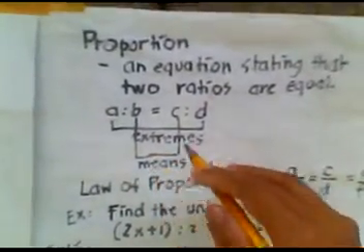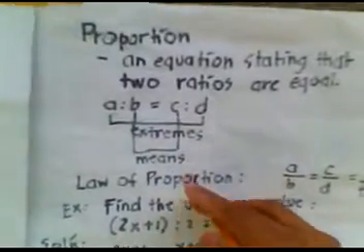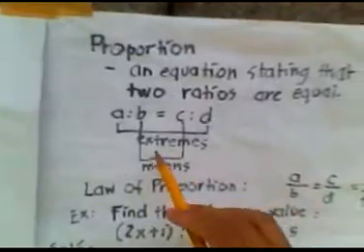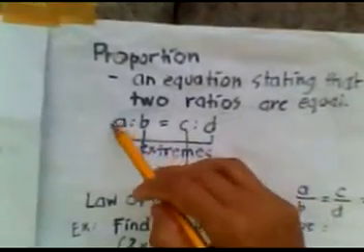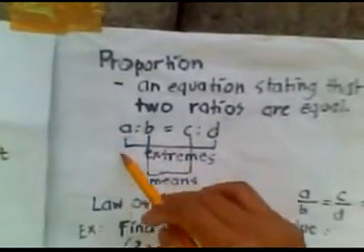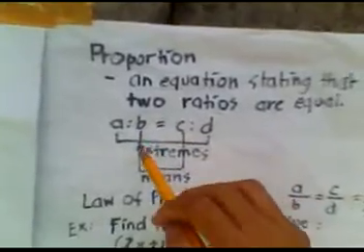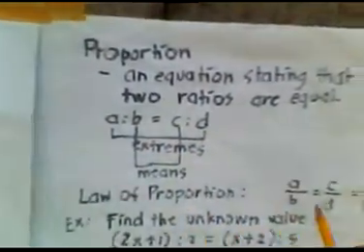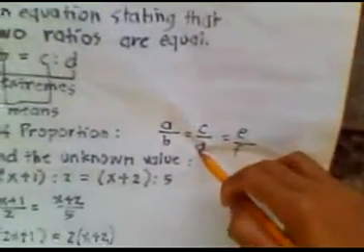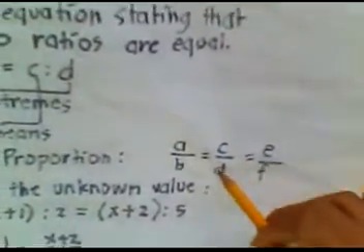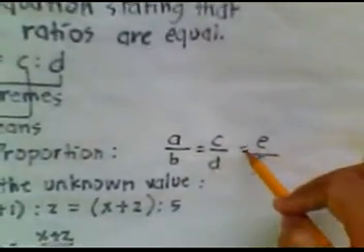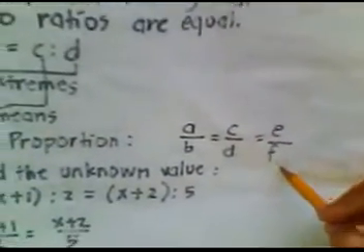So through the law of proportion, it states that in any proportion, the product of the means equals the product of the extremes. So which is AD is equal to BC. So this is what we call the extended proportion. A over B is equal to C over D is equal to E over F.